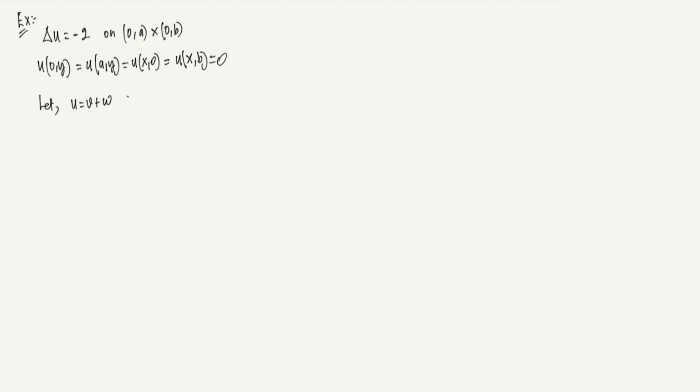And v is of the form v(x,y) equals a plus bx plus cy plus dx square plus exy plus fy square. Clear?